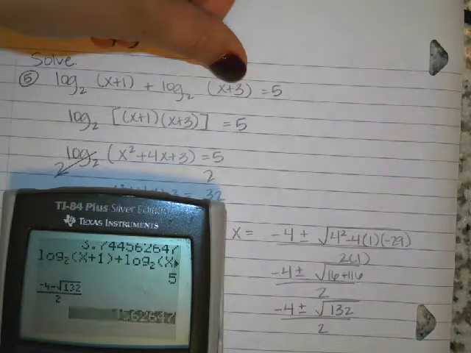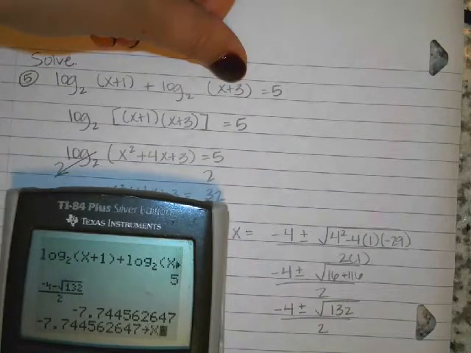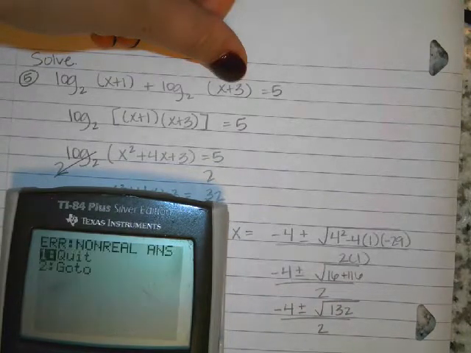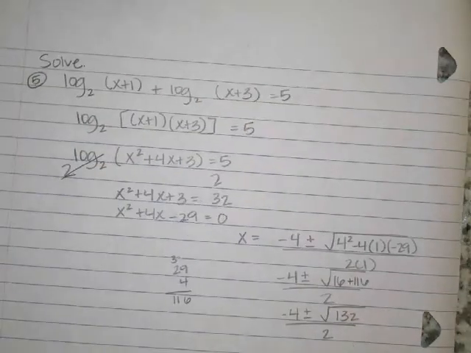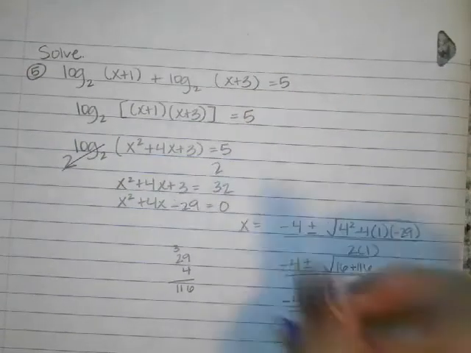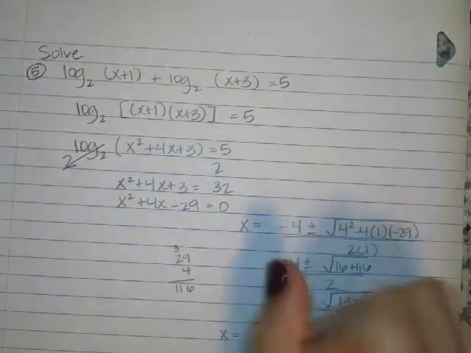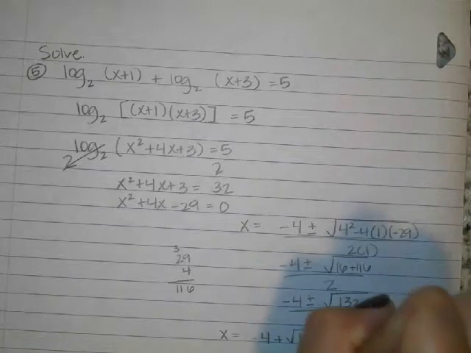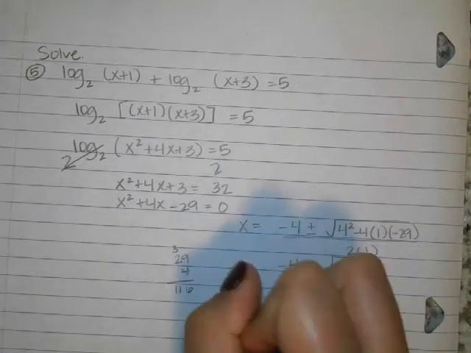Actually, I'm going to go ahead and store this as x. And then if I go back and I try to plug it in for x here, I'm going to get an error because you cannot log a negative number. So that means that when I go back and say what my final answer is on this problem, I have to conclude that it is only the positive version.